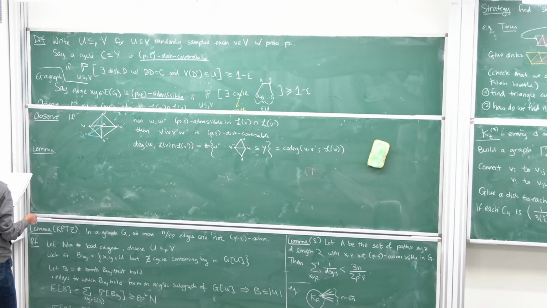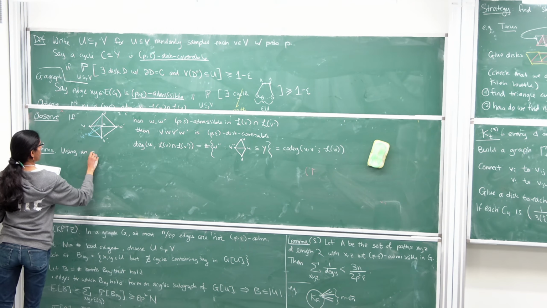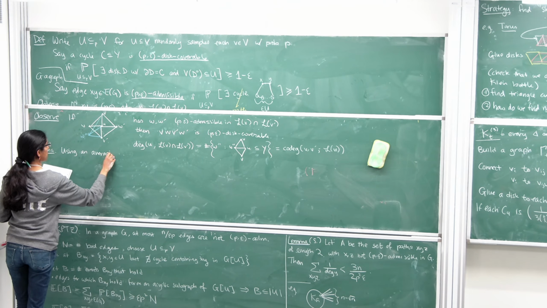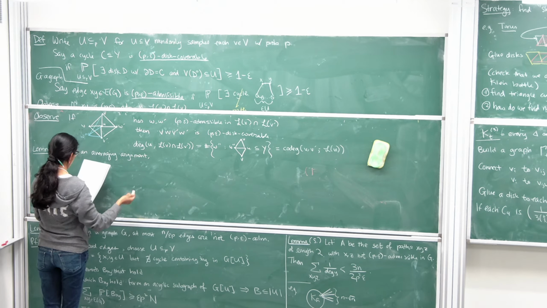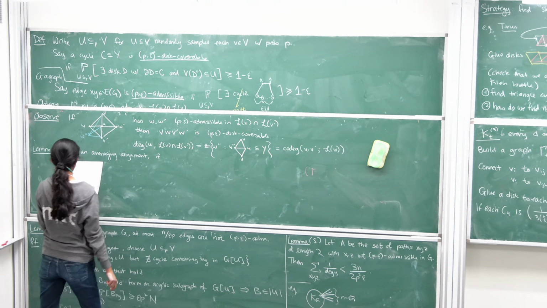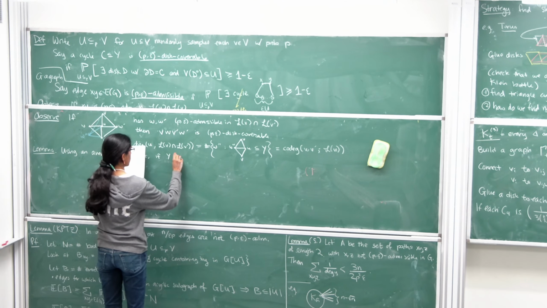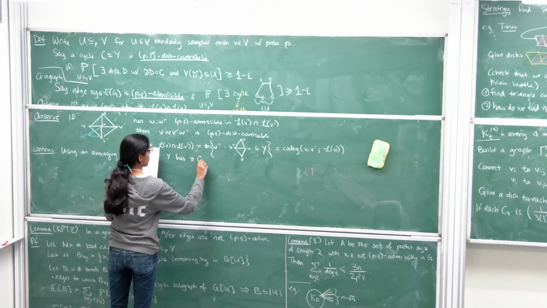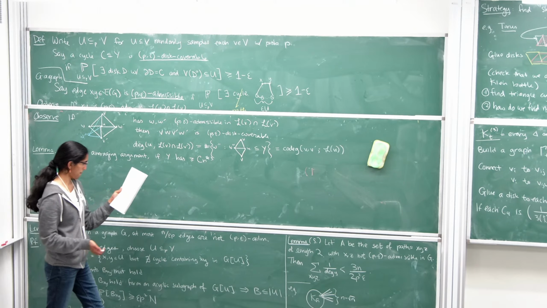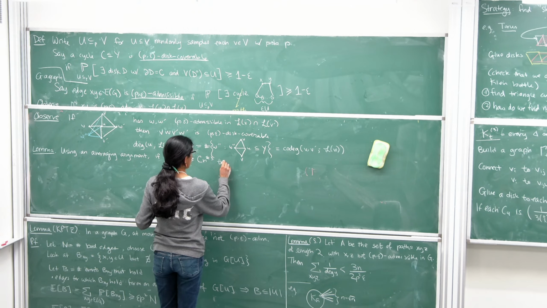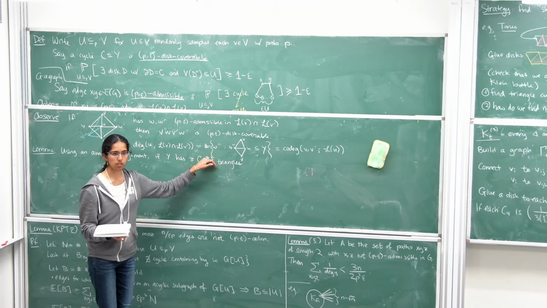So by an averaging argument, if y has at least n to the 8/3 triangles, but really you could bring this thing down if you wanted to.